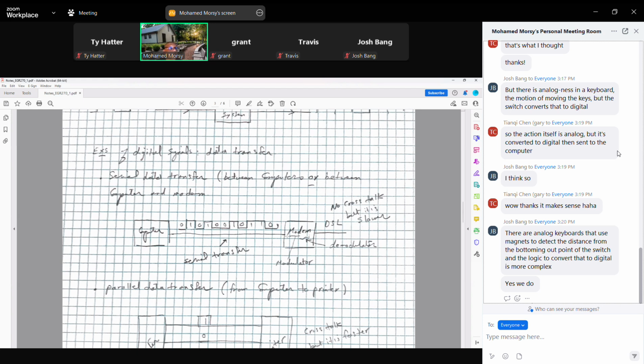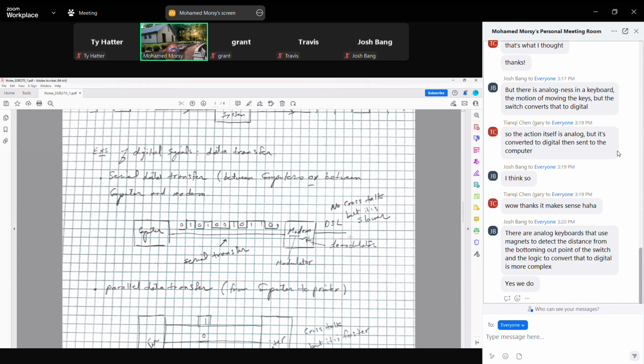So this modem converts from digital to analog to be transferred by the digital subscriber line. DSL stands for digital subscriber line. This is the line we use for connection between the computer and the base station.